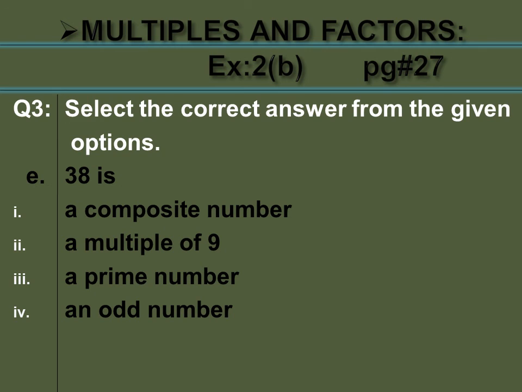We will start from 2. Dear students, it is clear when we apply the divisibility rule of 2 that 38 is completely divisible by 2. So our first option is correct, that 38 is a composite number, and we will mark this option as the correct answer.